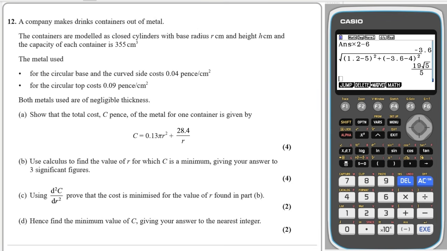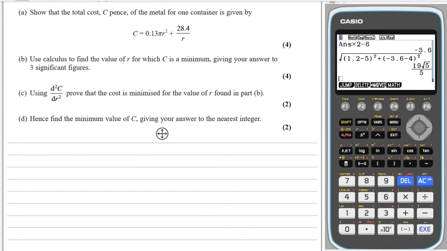Okay, so we know that a cylinder's volume is equal to pi r squared, which is the base area, multiplied by the height. And we're told that these cylinders contain this amount of volume.